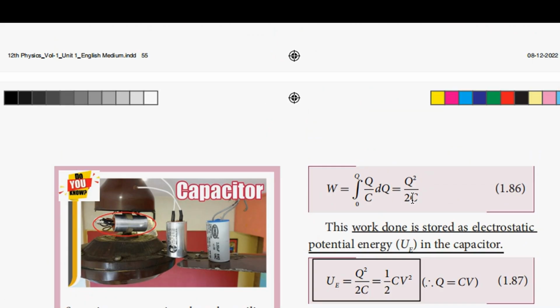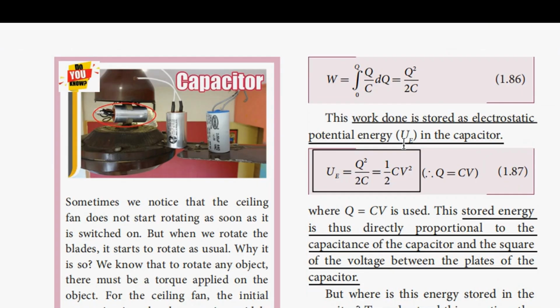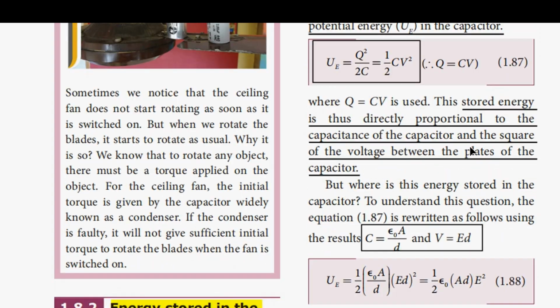Thus, we will get the expression as Q squared by 2C. This work done is stored as electrostatic potential energy in the capacitor. So, UE is given by Q squared by 2C, that's half CV square, as Q equal to CV is used.